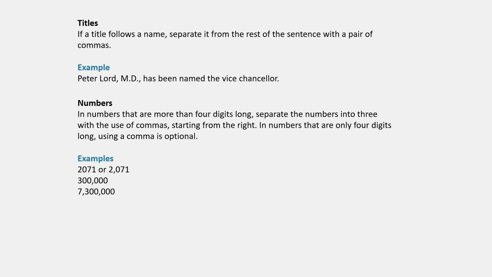So like the first example, we can write 2071 or 2 followed by a comma then 071. Both are correct. Then in writing 300,000, we separate the numbers into 3, and the same goes for 7.3 million.